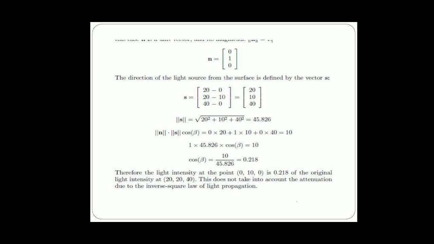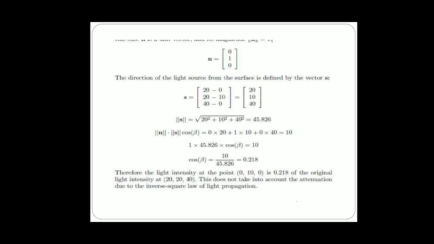After that, when I take cos beta outside the equal sign, it is 10 upon 45.826, and the answer is 0.218 for cos beta.